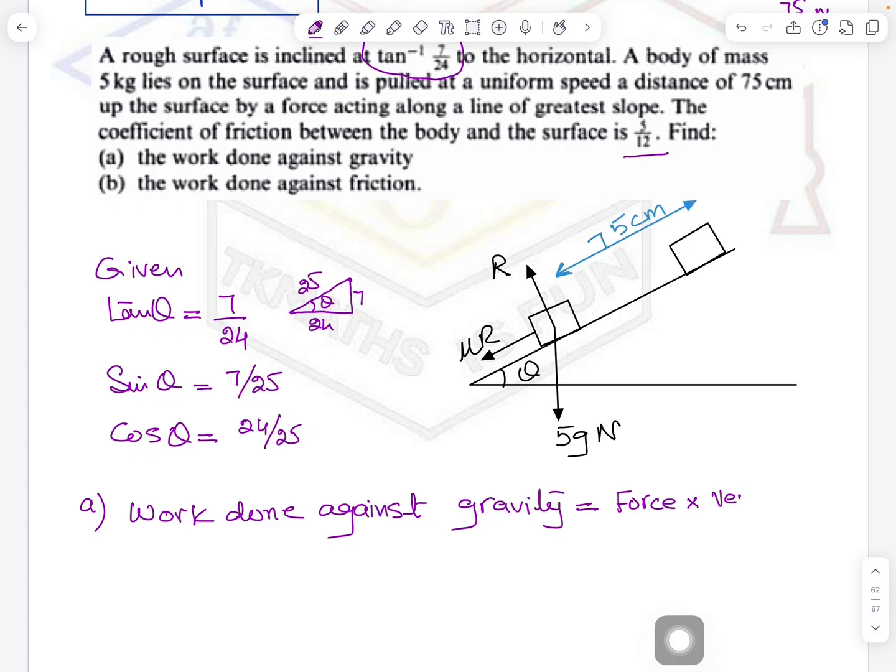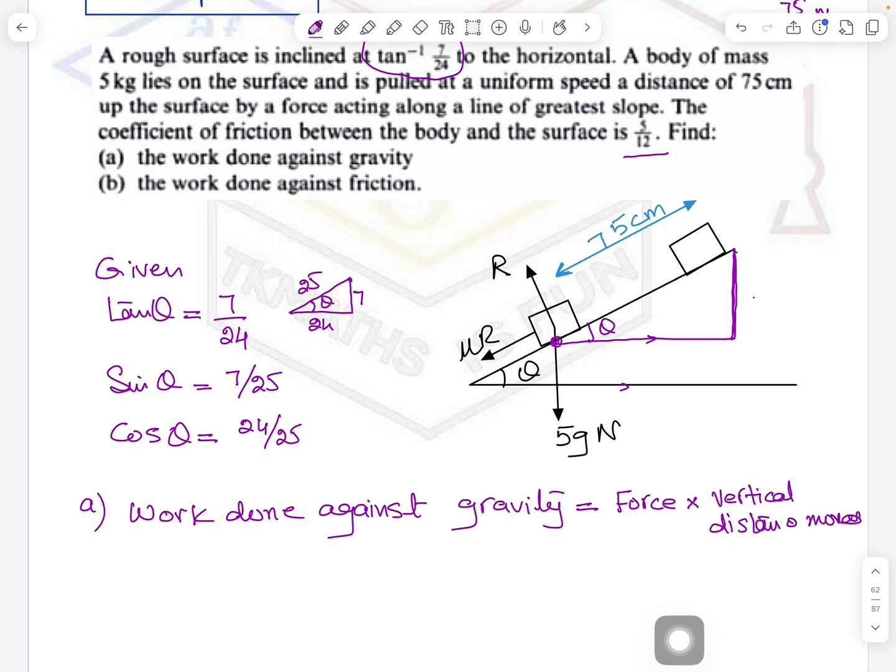vertical distance moved by the object. Now, suppose this is the starting point of the object, then vertically the object has gone up from here till here. This is the vertical distance, right? And it will be theta because these are parallel.